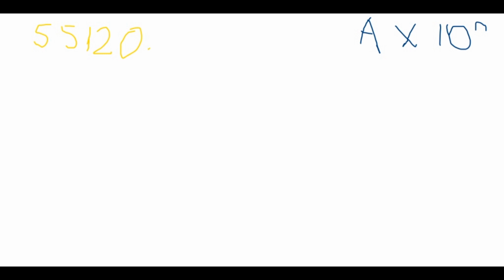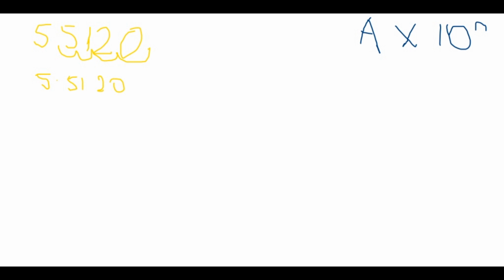Now we're going to move the point behind the first significant number, which is this 5, and we are going to move it by 1, 2, 3, 4 steps. So we're going to have 5 point 5120.